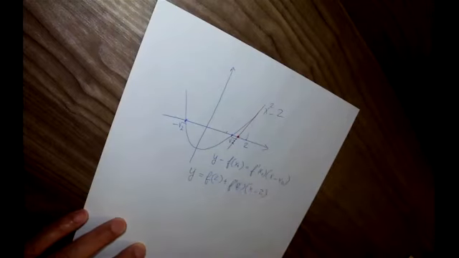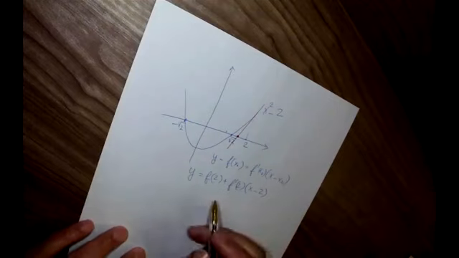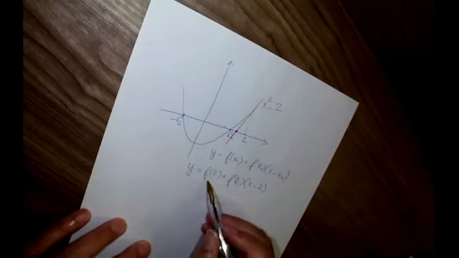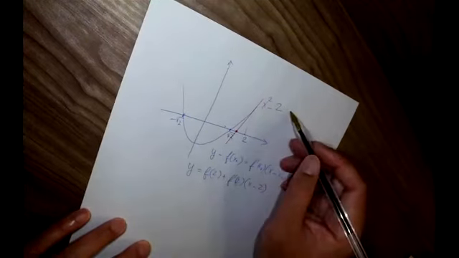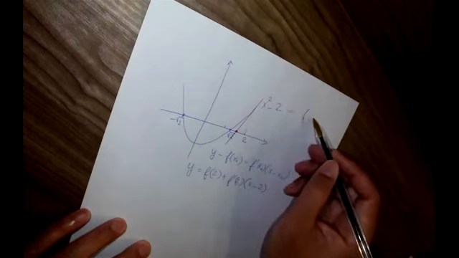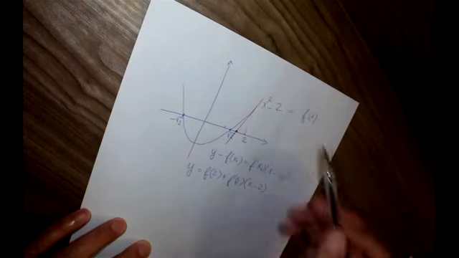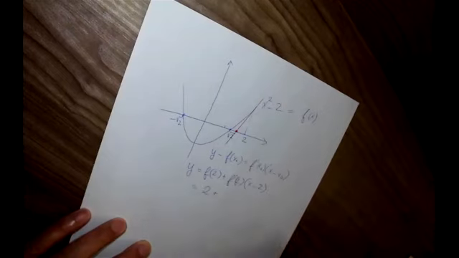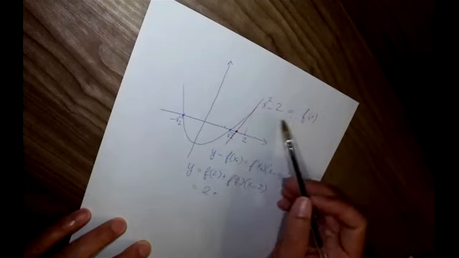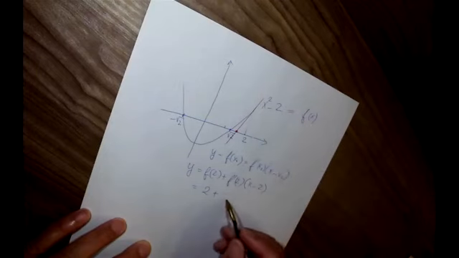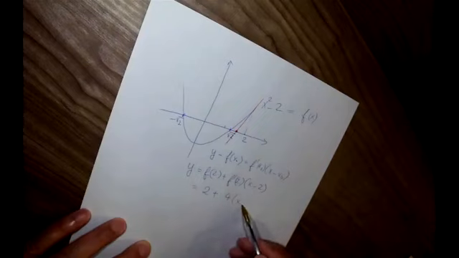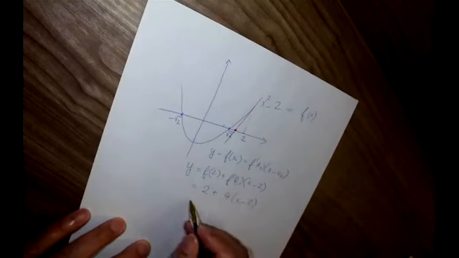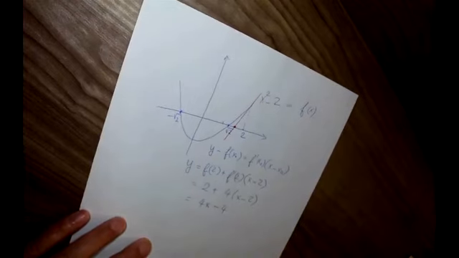Now this one is f of x. So my f of 2 is just 4 minus 2, which is equal to 2, right? And f prime is just 2x. So this becomes 4 times x minus 2, which is just 4x minus 4. So this is the tangent line.